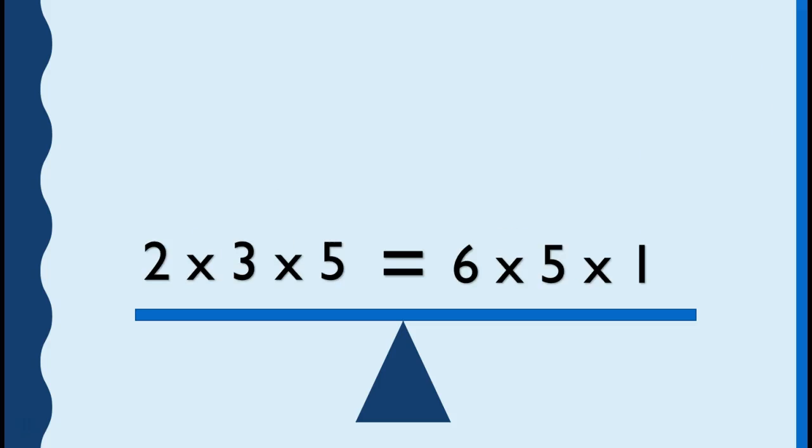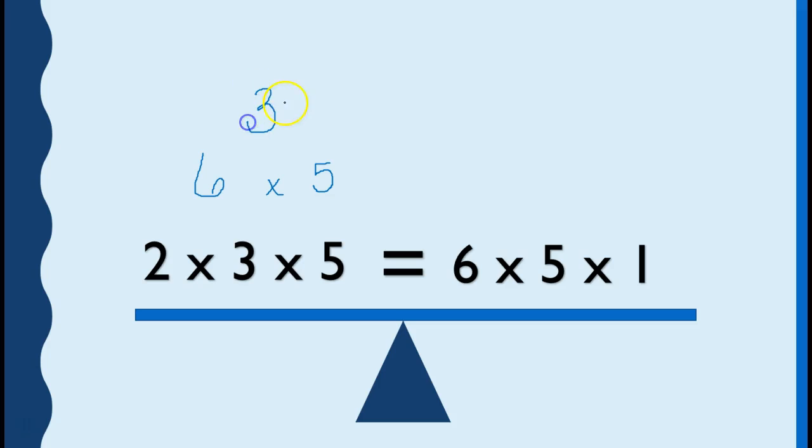Wow, look at this one. Now we have 3 numbers. So you have to take your time and start multiplying across and see if this is equal. 2 times 3 times 5. So 2 times 3 is 6 times 5.